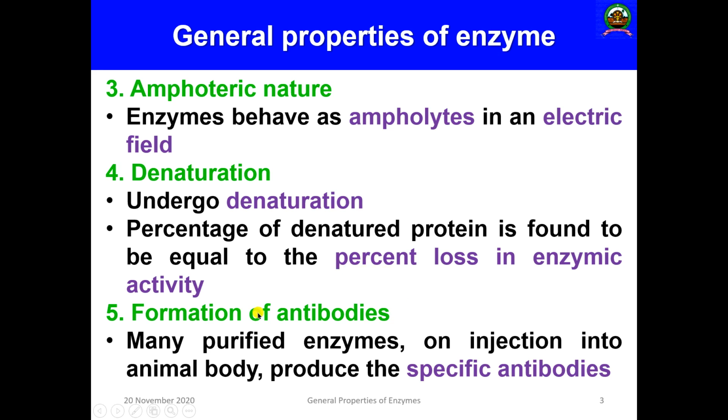Many purified enzymes, on injection into animal cells, produce specific antibodies or immunoglobulins. We have seen the specific aspects of immunoglobulins.